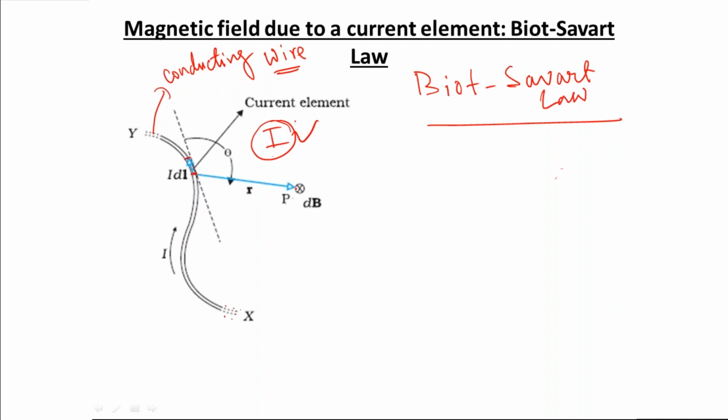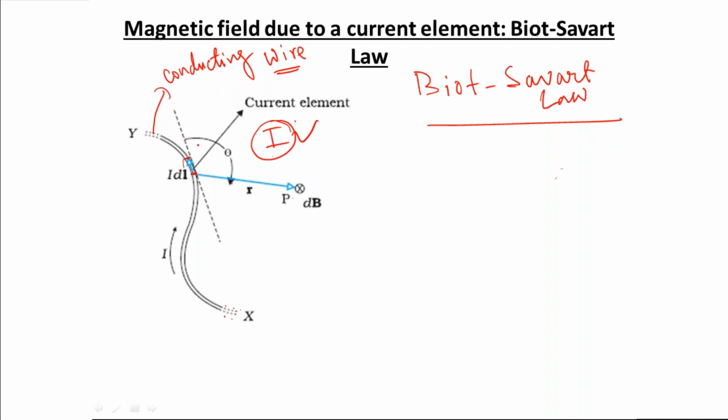Now I have got the element. Now look, this distance from the wire up to this point P, where I have to calculate the magnetic field due to this small element, is called r. This distance is called r. Sometimes it is called the radius vector also.